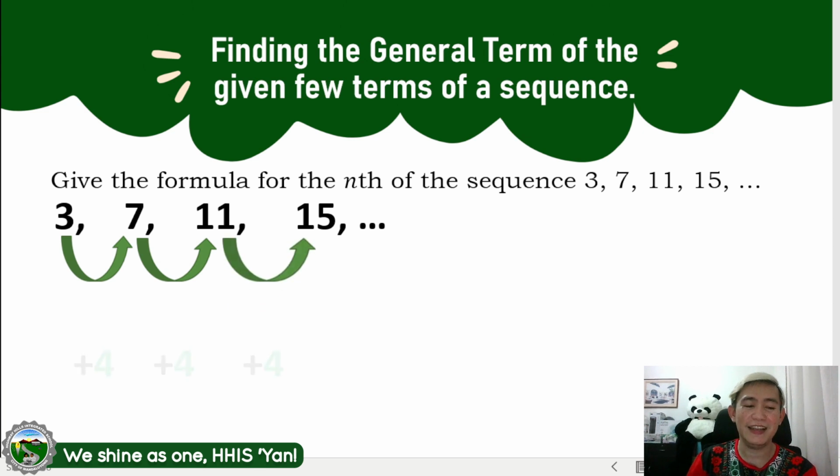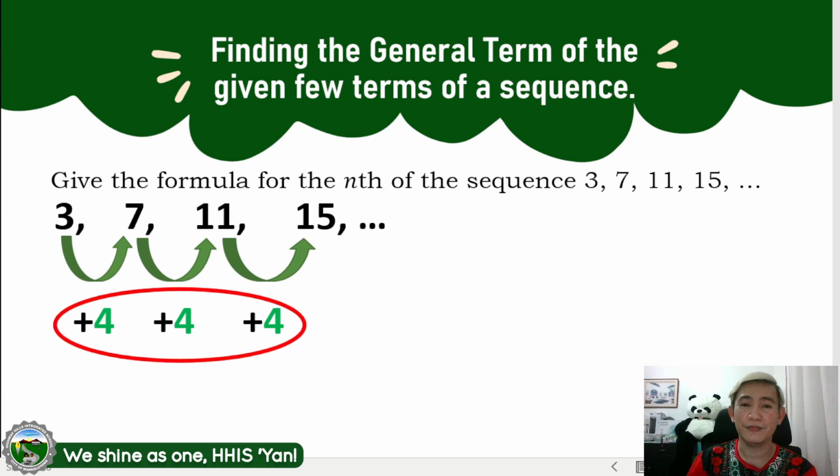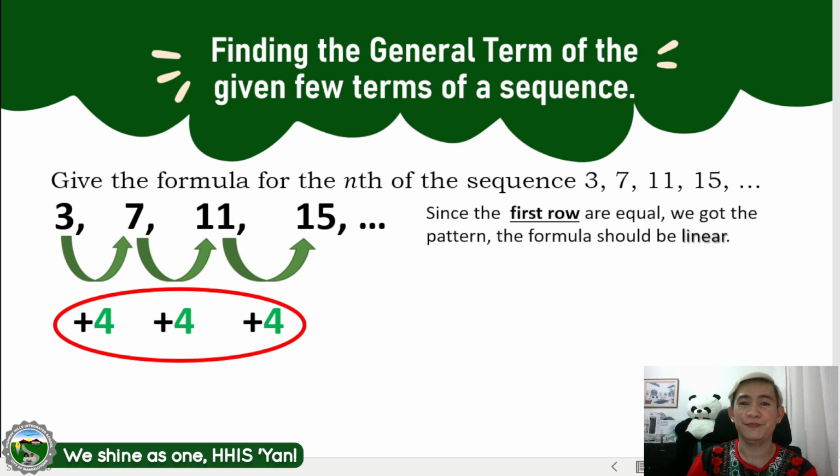As you can see again, we repeat adding 4 to each term. Since the first row are equal, we got the pattern. So the formula should be linear.